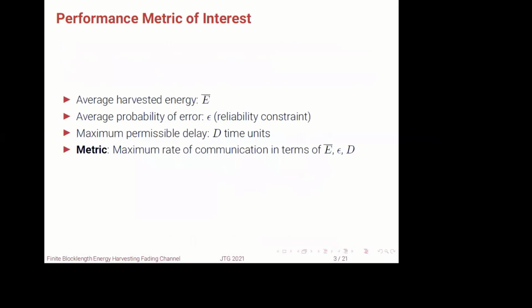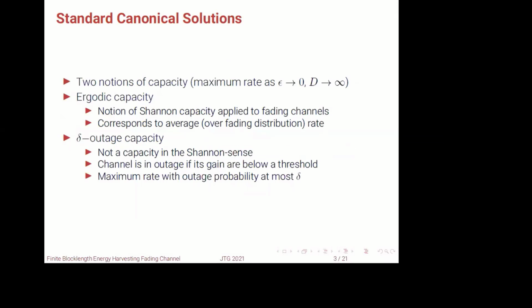We are interested in characterizing the maximum rate of communication in such a setting. Now, what is the standard solution available for such a problem? Well, we can characterize the capacity of the channel, which is the maximum rate, as the probability of error tends to 0 and simultaneously the delay tends to infinity.